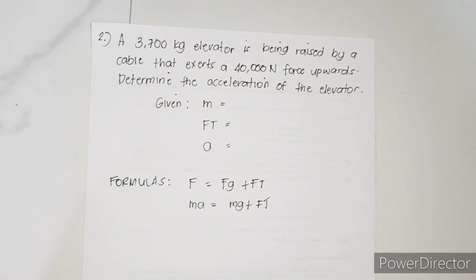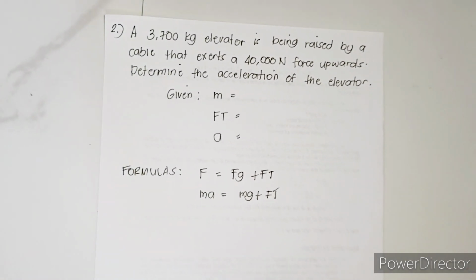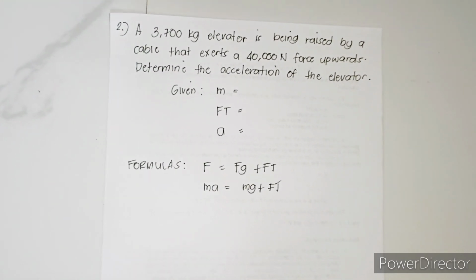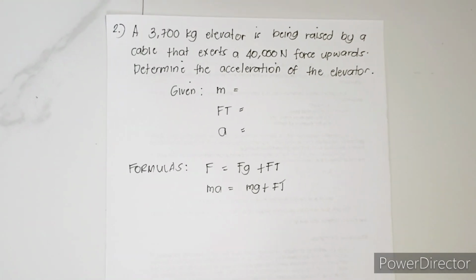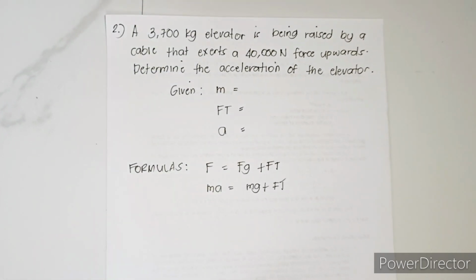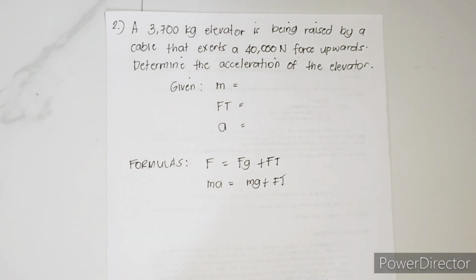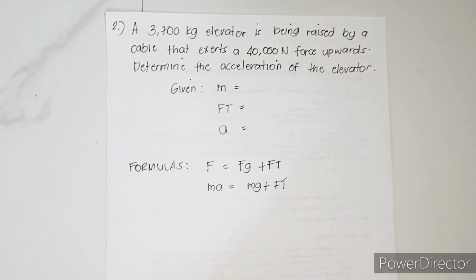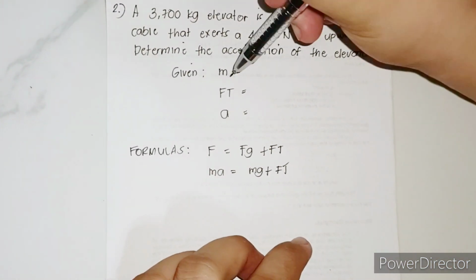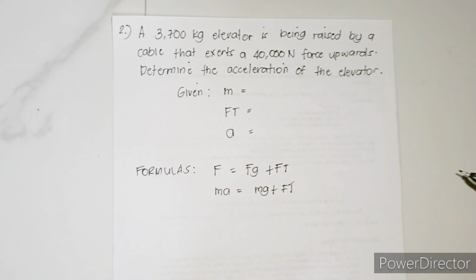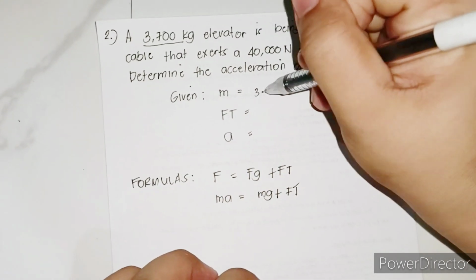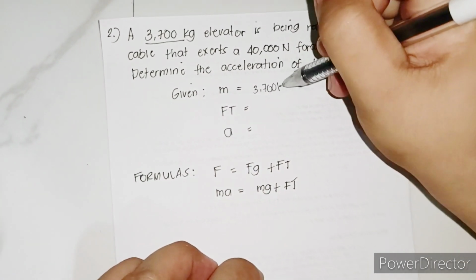Okay, for our example number 2, a 3,700 kilogram elevator is being raised by a cable that exerts a 40,000 Newton force upwards. Determine the acceleration of the elevator. Kunin muna natin yung mga important numbers or yung given. We have our mass, 3,700 kilogram.